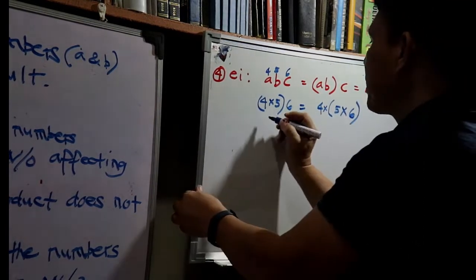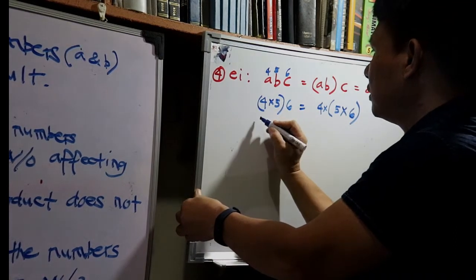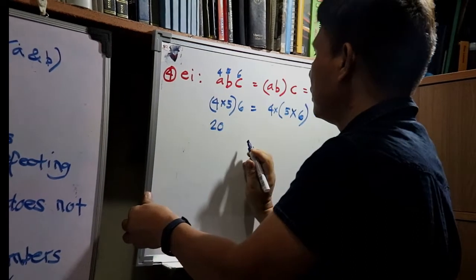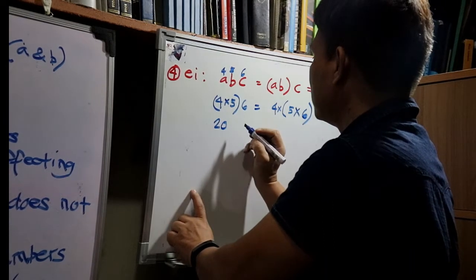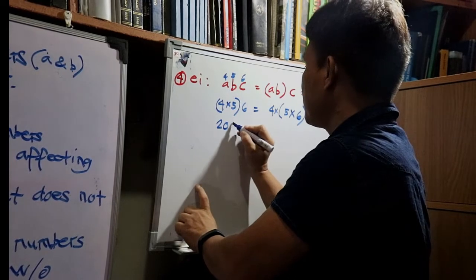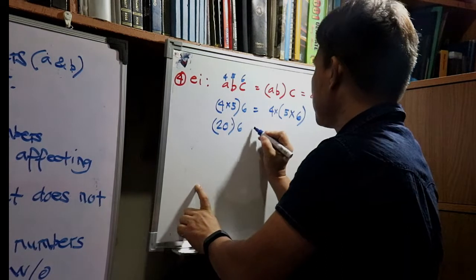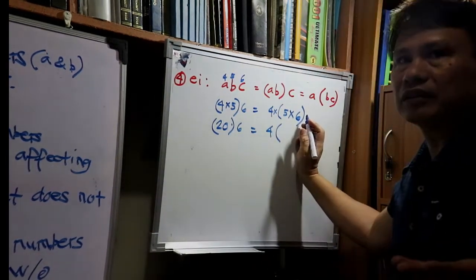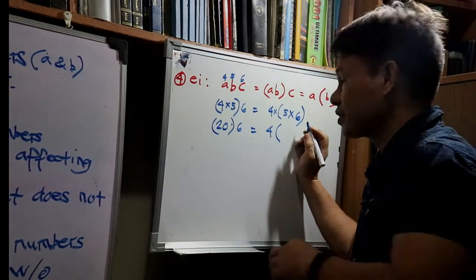Okay? 4 times 5 is 20. Okay? 20 times 6. Then 5 times 6 is, shall we say, 30?